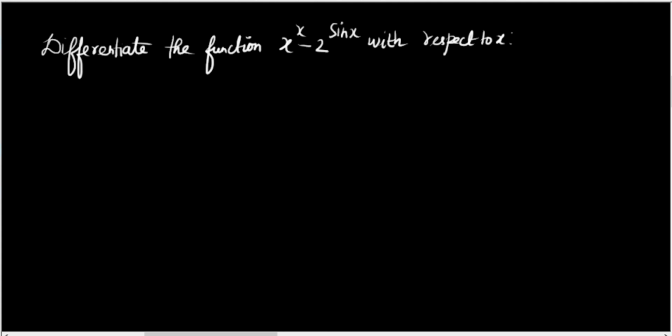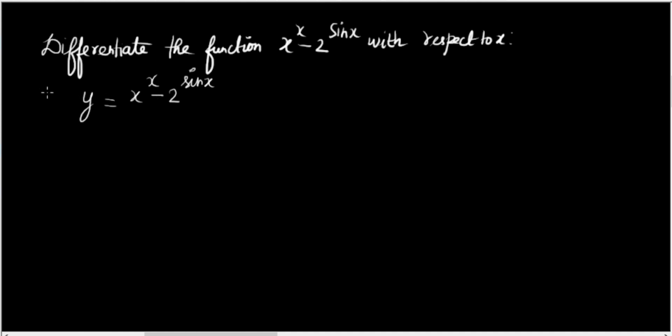So let us consider y to be x power x minus 2 power sin x. Taking log on both the sides makes the process tedious here. So we'll consider each function individually as u and v.